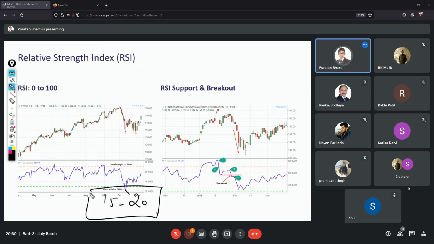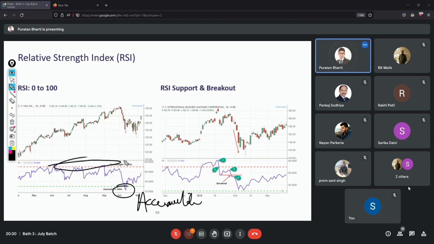Likewise, sometimes you'll see that the stock falls below 30 and goes as low as 15 or 20 also. No one knows what would be the lowest RSI that you'll see. But the idea is to accumulate in phases if it goes around 30 and below. Likewise, sell in phases and not sell 100% if the stock touches 70.